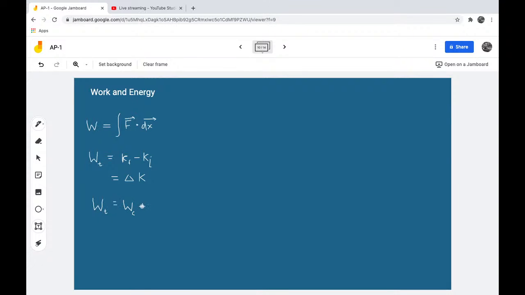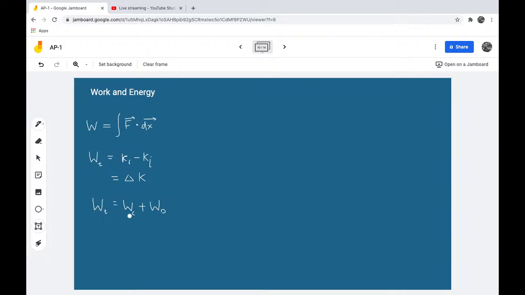Work can also be done by dissipative forces like friction, air resistance, etc. So W total will be given by WC, the work done by conservative forces, plus WD, the work done by dissipative forces. Both types of force will do some work, and when you calculate WT, you have to ensure that you have involved the work done by all the possible sources.